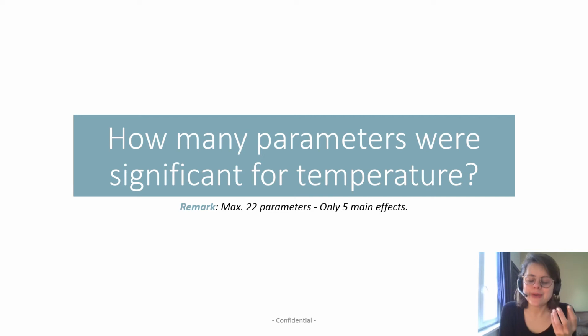What do you expect if you have 22 parameters with only 5 main effects? That means 17 parameters imply quite a complex system with two-way interactions, a three-way interaction, quadratic effects, etc. So do you expect 1, 2, 3, 5, or do you expect 20? What would you think? Well, the numbers will blow your mind.